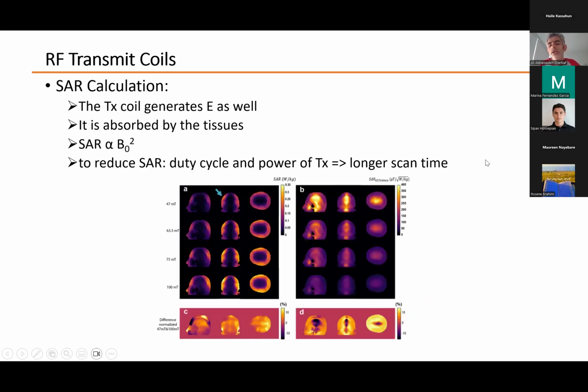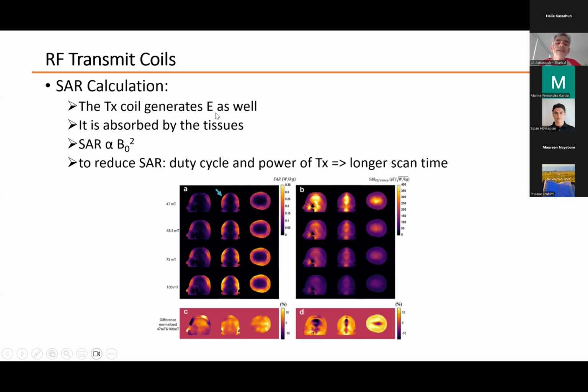One important point that we have to take into account during transmit coil design is the SAR calculation, because the transmit coil generates a time-varying B1 field. It is not static, unlike the B0 field. That time-varying magnetic field also generates an electric field, based on Maxwell's equations.